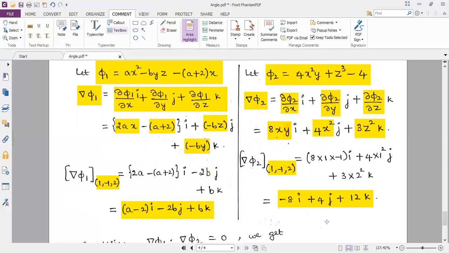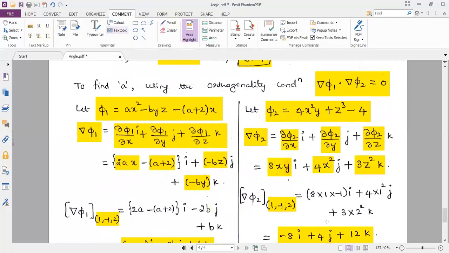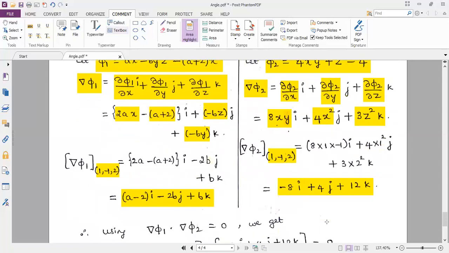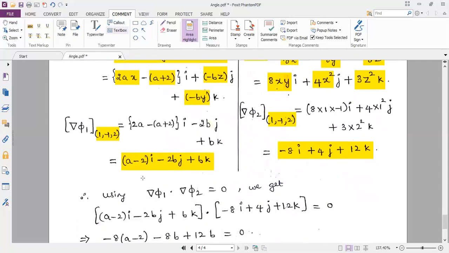Now, using the expression grad φ1 · grad φ2 = 0, we employ the dot product between the gradients of the two surfaces. That is, (a − 2) i − 2b j + b k dot product with −8i + 4j + 12k is equal to 0.